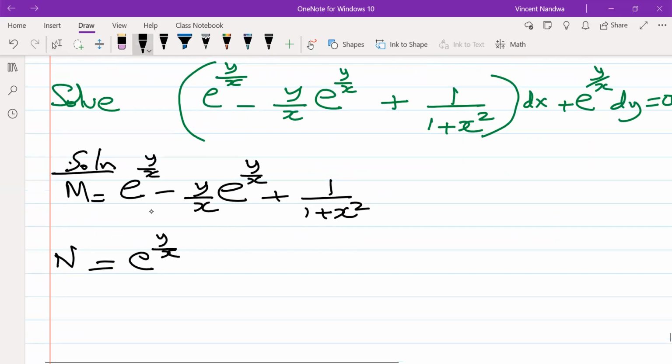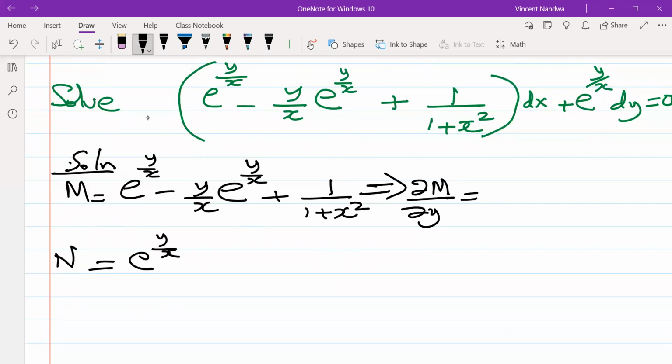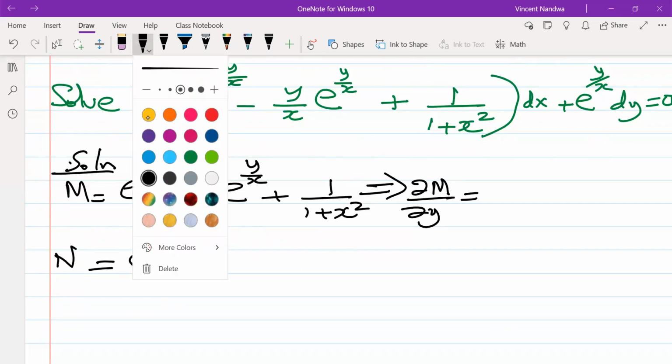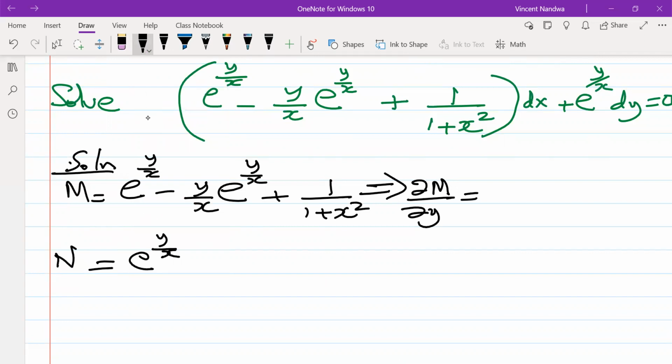So let's see, what is partial M partial y? Using the chain rule on this first term, differentiating this power, we get 1 over x, and then e to the power y over x.